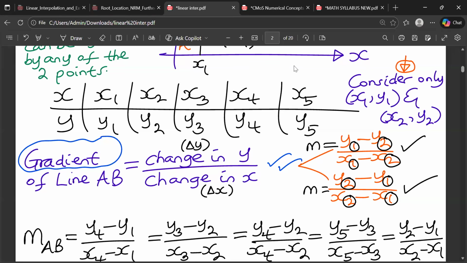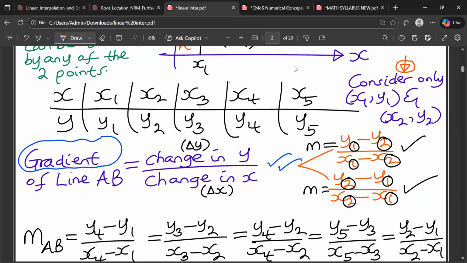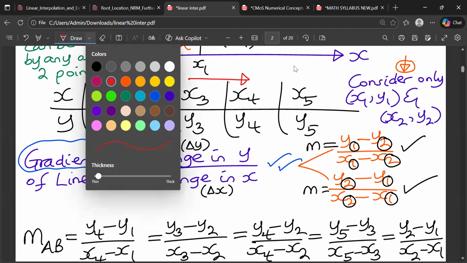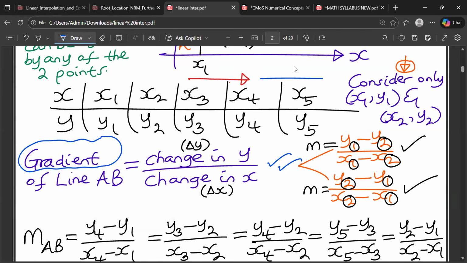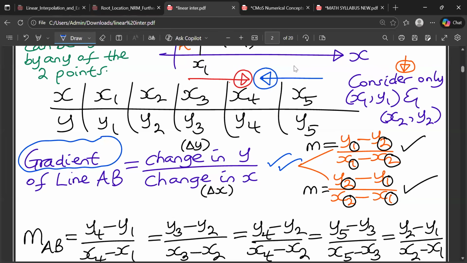If I say y4 minus y1, or if I say x4 minus x1, am I following this direction in red, or this direction in blue? You tell me, is it red or blue? Because if you don't understand which direction you're taking, you cannot pass this topic.